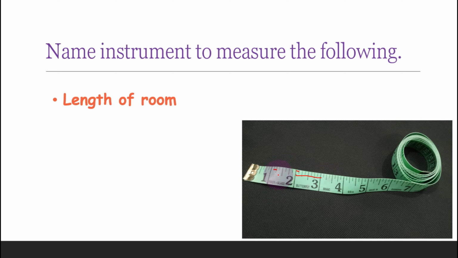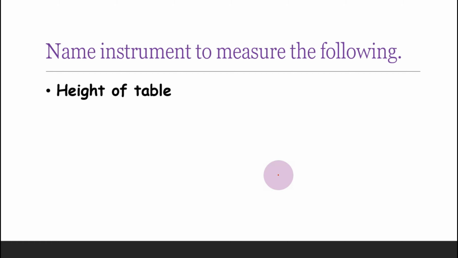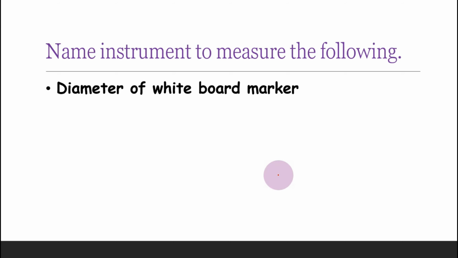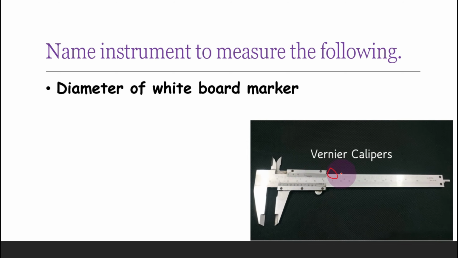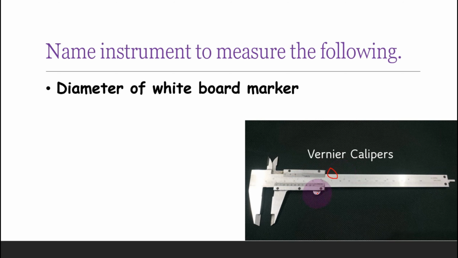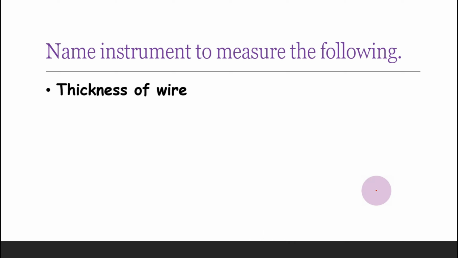The height of a table is measured with the help of a meter rule, or in daily life we call it a meter rod. Diameter of a whiteboard marker, or suppose it's a small steel ball and you want to measure the diameter, then we can use a vernier caliper. This is the vernier caliper.